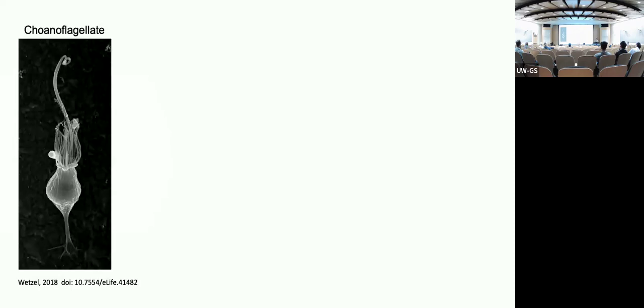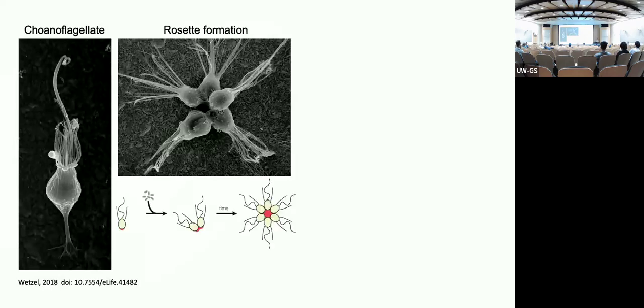One thing that people who study choanoflagellates find quite interesting is that they're able to form a rosette structure. In order to facilitate feeding, they go through a life cycle where they make these little aggregates of multiple different single cells, and they work together to generate a fluid flow to capture bacteria. And this is known as the rosette.